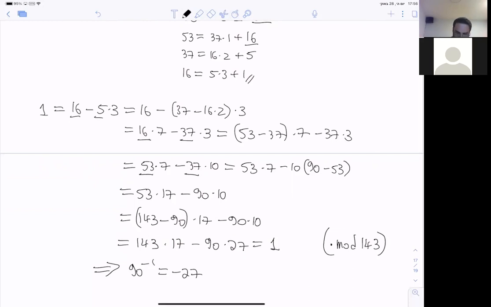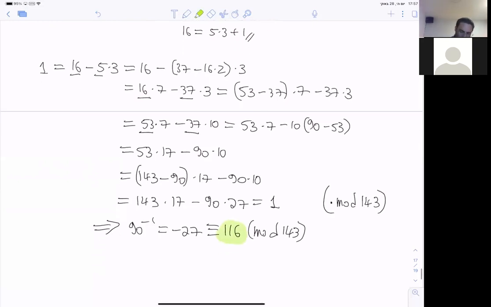Or if you want, it's the same as 116. I just add 1 time 143. So this is the solution. Okay, let us check.